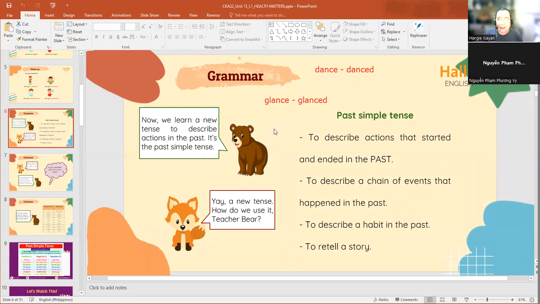Now, another rule is that if the base form of the verb ends in a consonant, like for example waste, how are we going to do that?